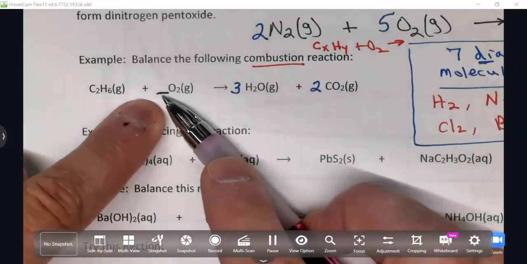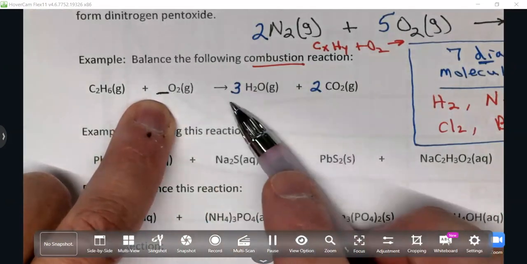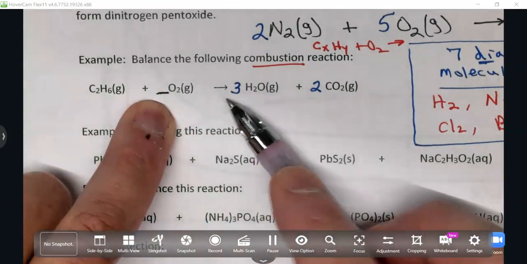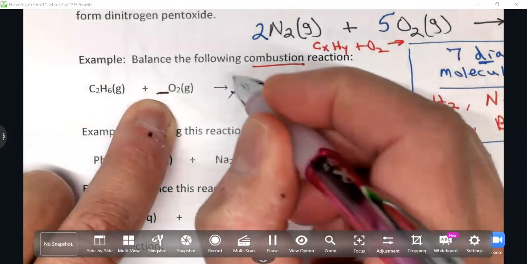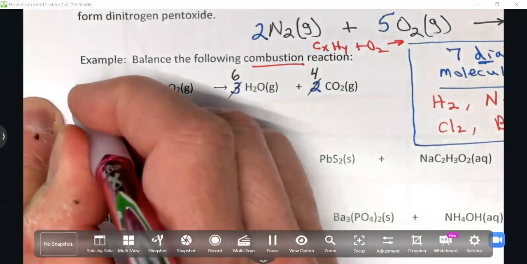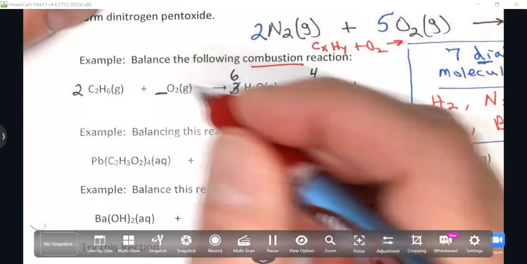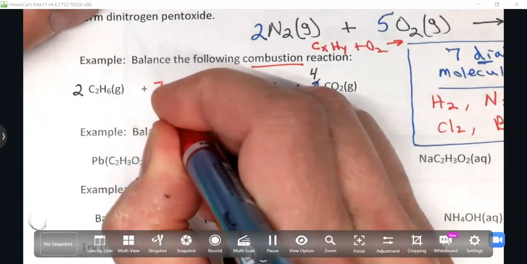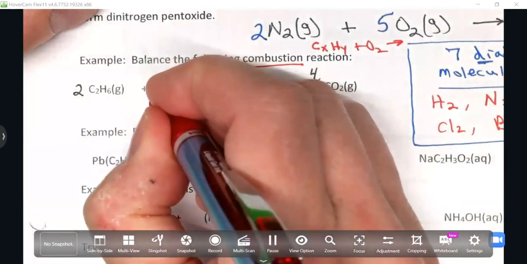It's going to produce an even number of oxygen. So we have to produce an even number of oxygen over here. So in order to do that, we're going to double everything and come back here. So we're going to change this to a 6, 4. This has to be a 2. And the magic number now that goes in front of the O2 is 7. Because now we have 14 oxygen.